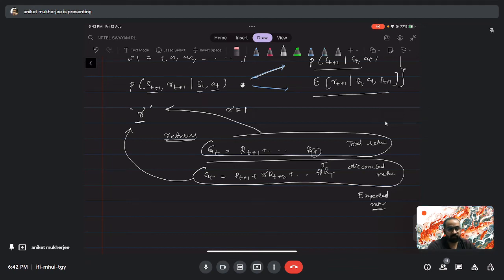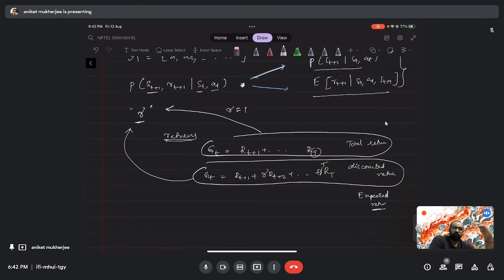We want the policy to learn for the immediate rewards, not the far rewards, so we will give preference to the nearby rewards. You are right in one way, you're not wrong. But what would happen if I put gamma greater than 1? You are right that it will try to go for the long term rewards.